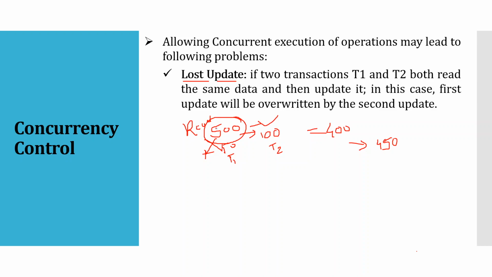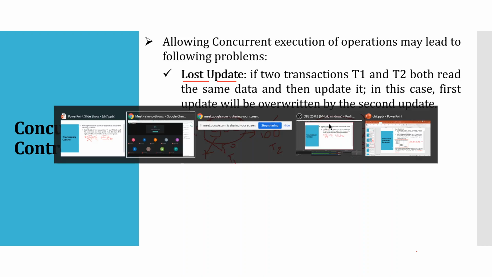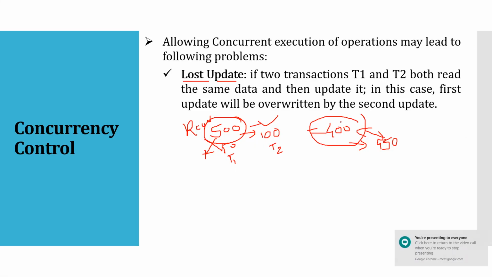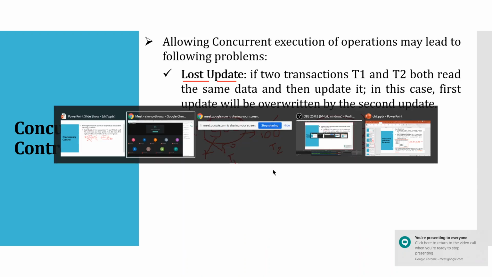Initially both are reading this 500, one wants to add 50, the other wants to subtract 100. So this transaction will not be considered and only this transaction will be considered in concurrent execution, and ultimately you will have data loss. Clear with this, everyone? Lost update? Any doubts in this? This is what lost update is. Am I clear with this, everyone?